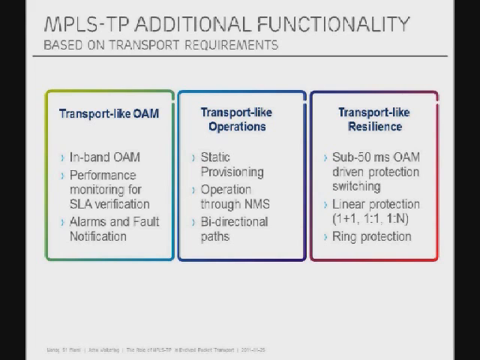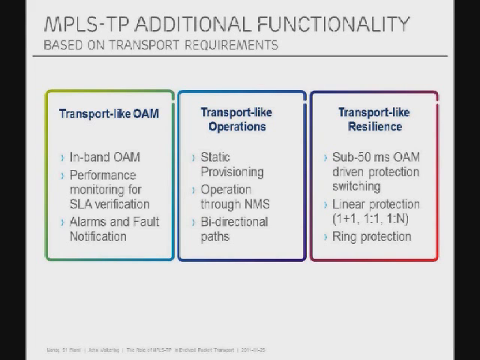Another important requirement added to IP/MPLS is that it has to support transport-like operations. Today's transport networks are typically provisioned statically through an out-of-band NMS system. This has the advantage that it is a very robust environment that can scale quite easily to a high number of nodes. And transport-like also means bidirectional paths, whereas in IP/MPLS an LSP is unidirectional.